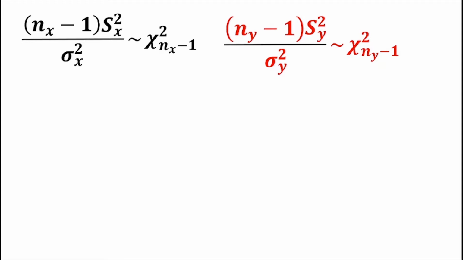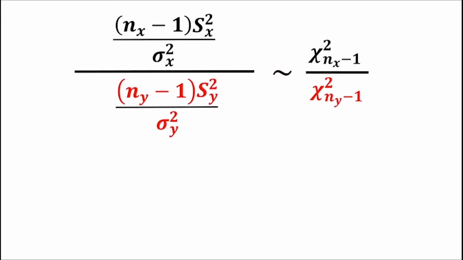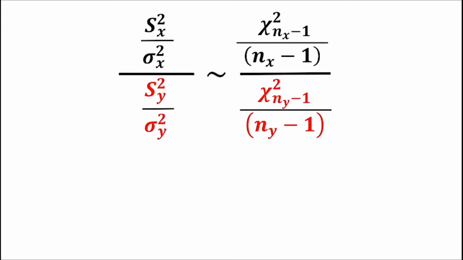Well, it then follows that one instance of that divided by another instance will also follow a chi-squared distribution, which looks like this in this case. We could also eliminate the n-1 term in each of these cases by dividing.